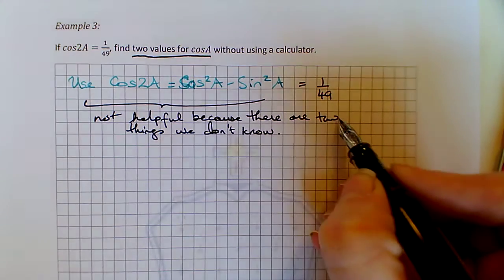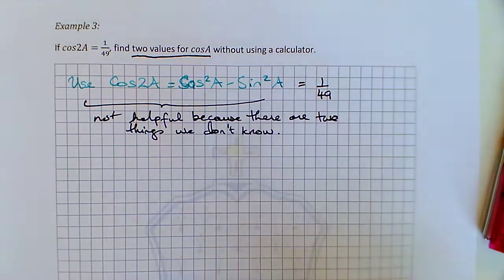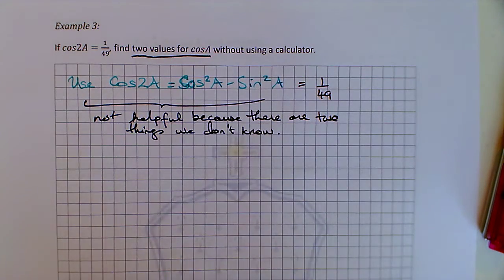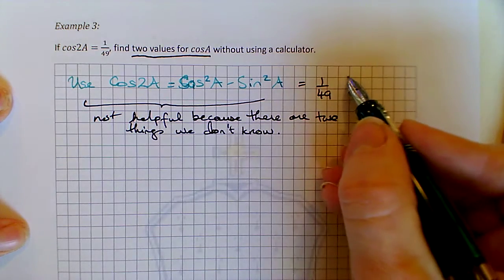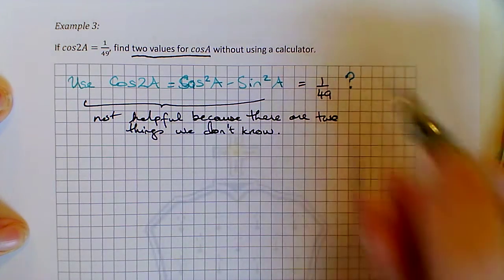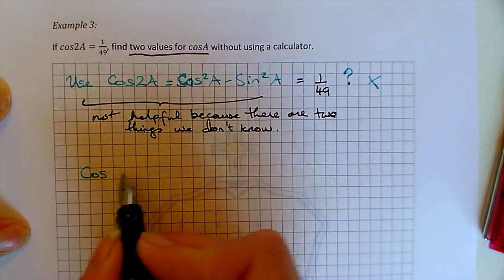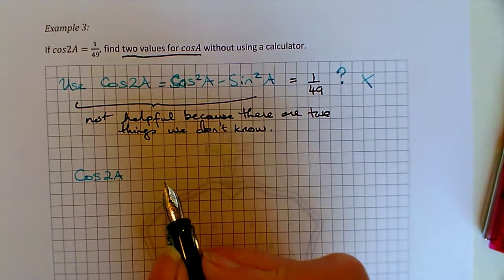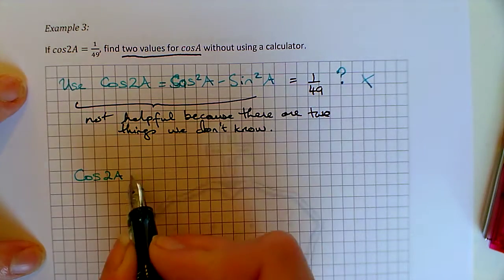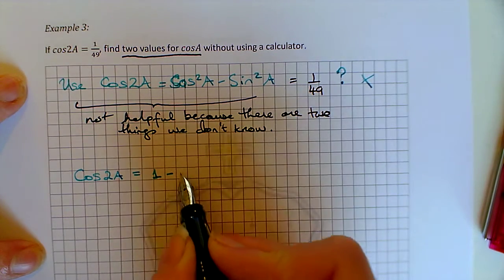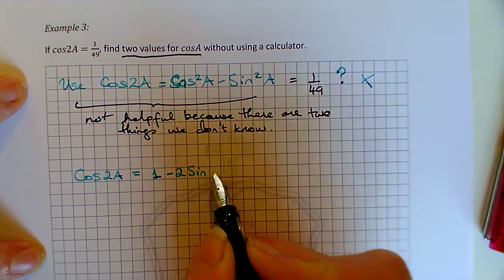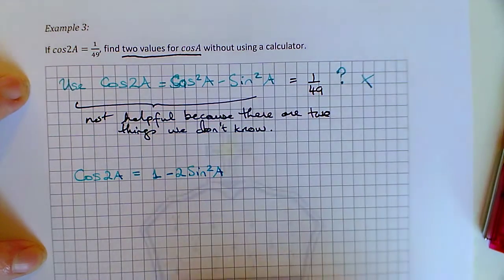Well, you can look in your log tables 14, 15 and 16 and you'll see that there's a whole bunch of other formulas to use as well. And as you go through it, you'll see that there's another cosine 2a formula. So cosine 2a is also equal to 1 minus twice sine squared a.